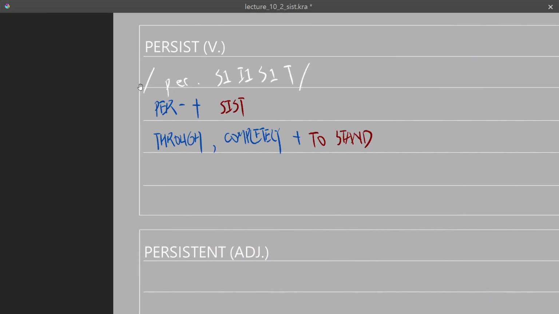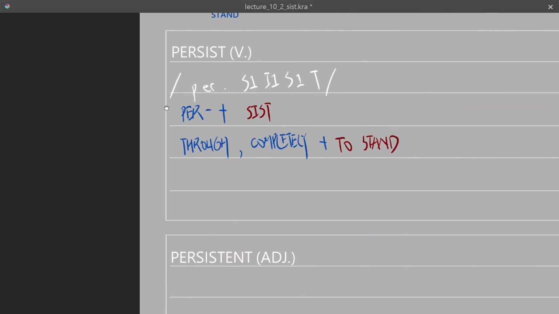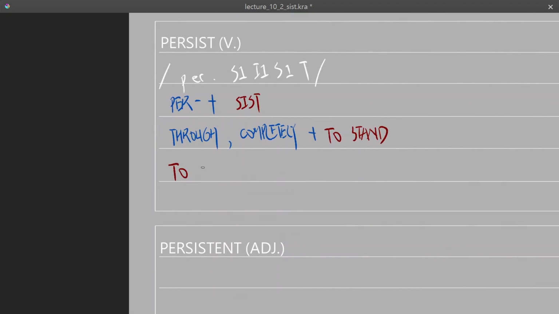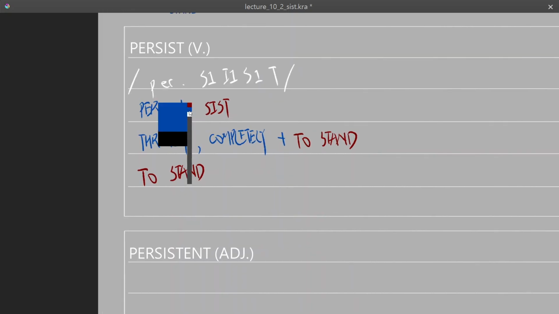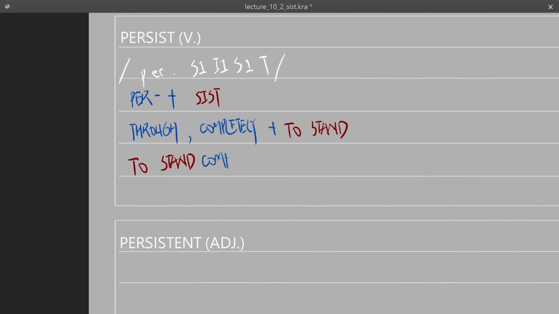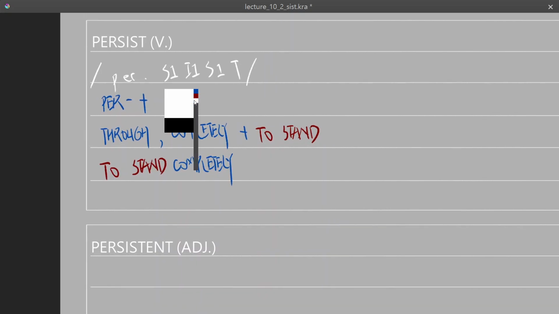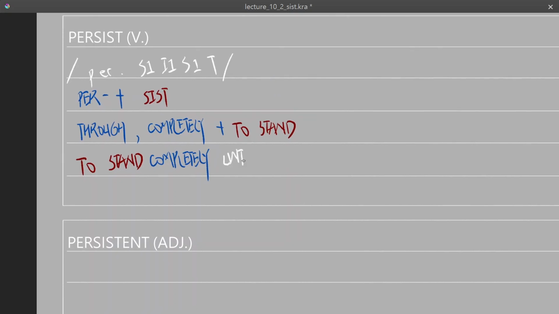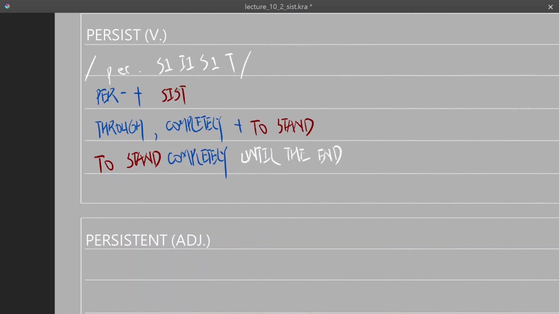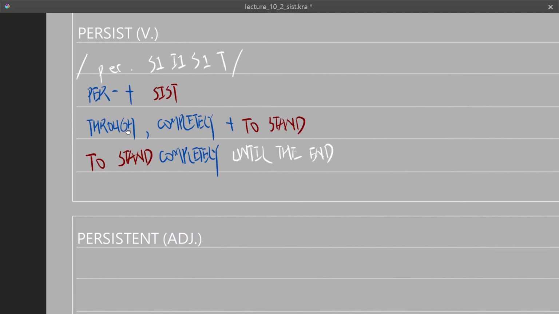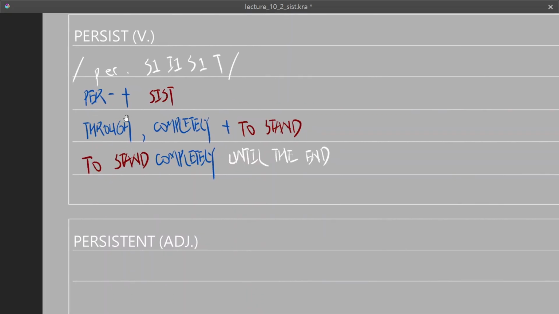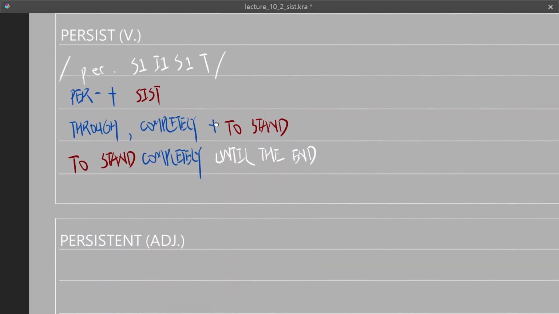So persist literally means what? It means to stand completely until the end, or to stand through the whole process until the end.